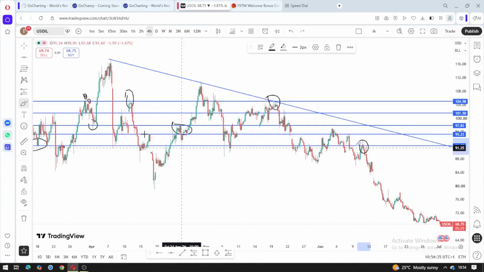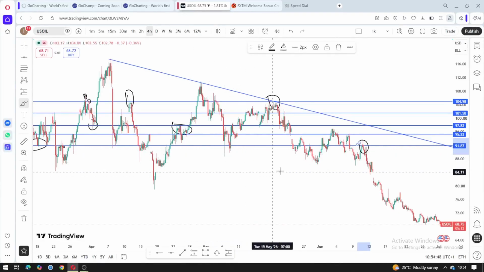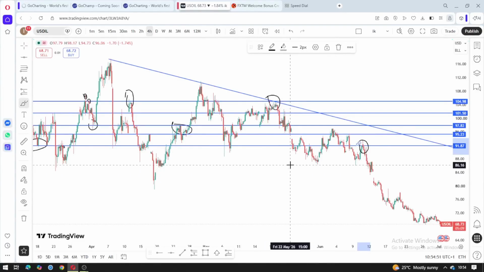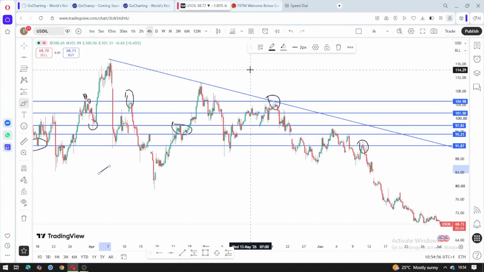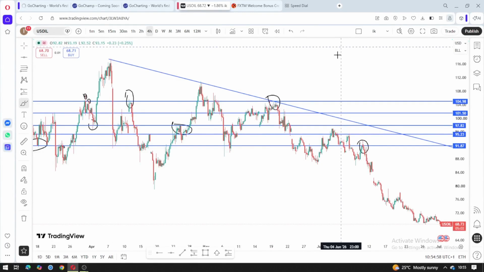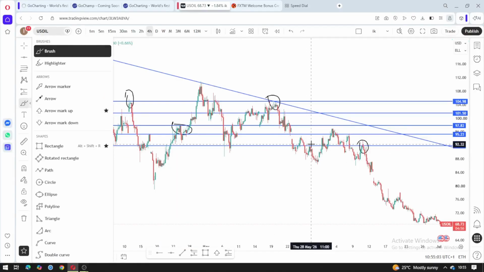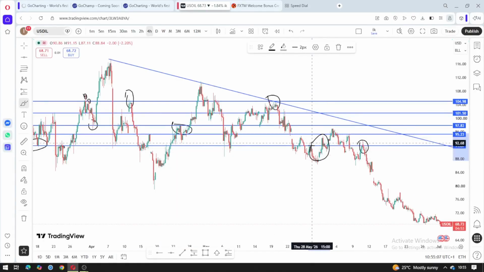For instance, if you look at this point, okay, wait. This one is giving me so much problem. All right, so if you look at this point, the points as a whole, you see there's a retest here. There's something like a retest here.